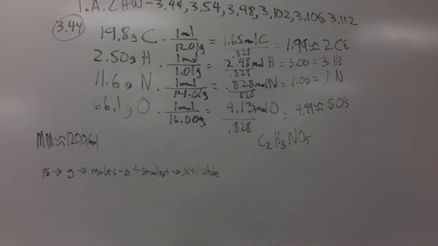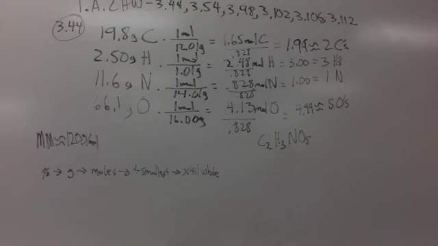Okay, after converting to moles, I have now gone through the next step of the algorithm, which is divide by smallest. The smallest number of moles was the nitrogen, 0.828. So I divided each one by 0.828. You divide each one by the smallest. That keeps everything in proportion in the proper ratio, but converts your smallest number of moles to 1. So that's going to mean I have 1 nitrogen.